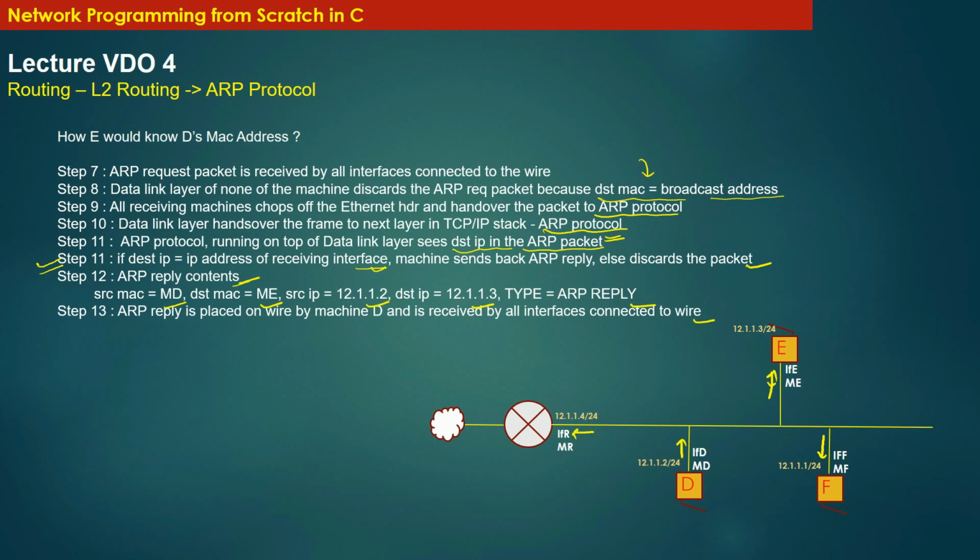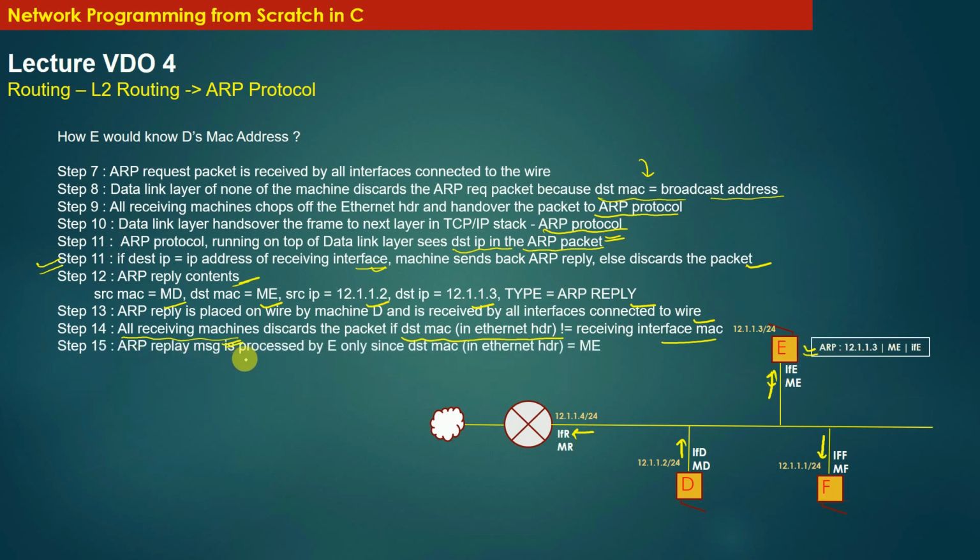It doesn't matter what the type of packet is. All receiving machines discard the packet because the destination MAC address in the Ethernet header of the packet is not equal to the receiving interface MAC address. Right? So remember, here all receiving machines means the machines connected to the wire except machine E.